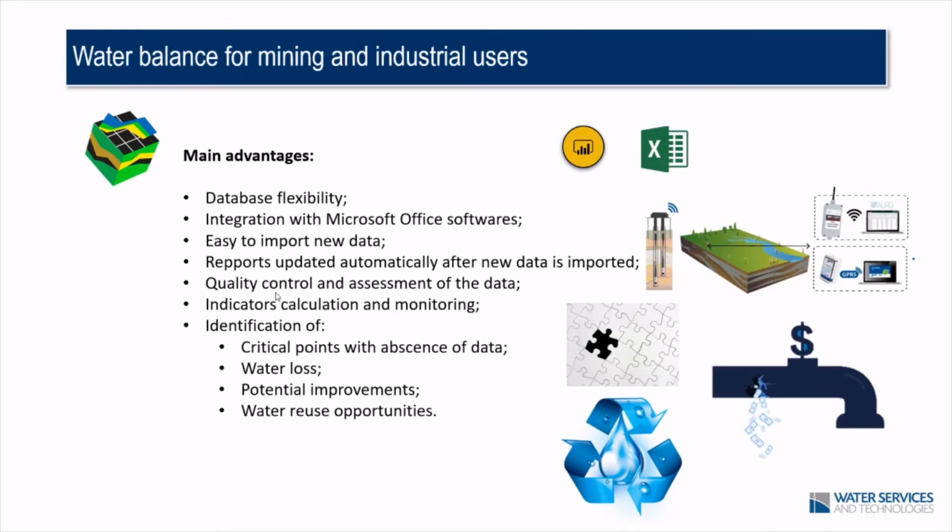Of course, the example I just gave is very simple, but it happens. Once we know all the water circuit inside our plant, the water balance on a flow chart helps us to see these opportunities of water reuse.